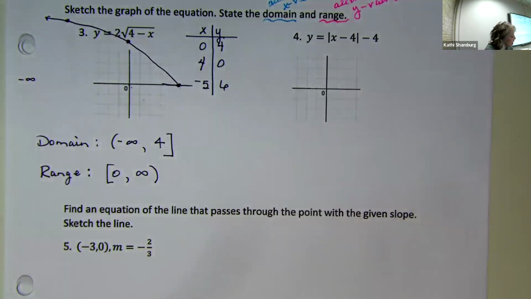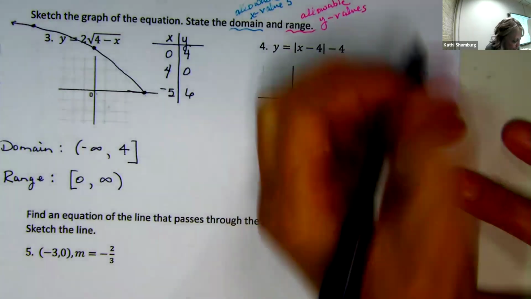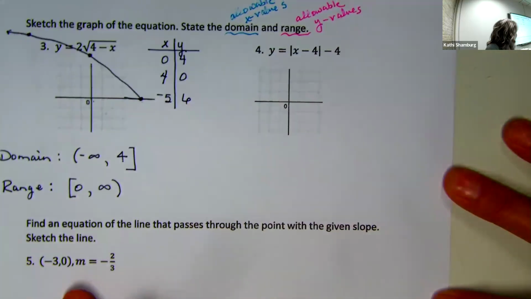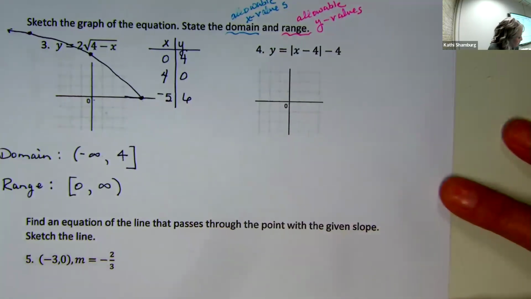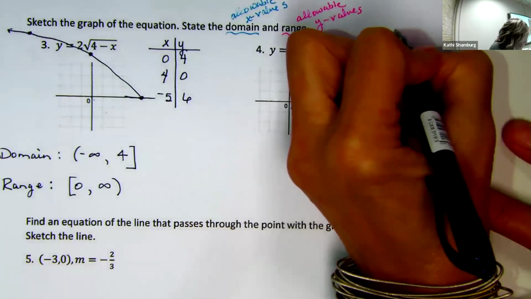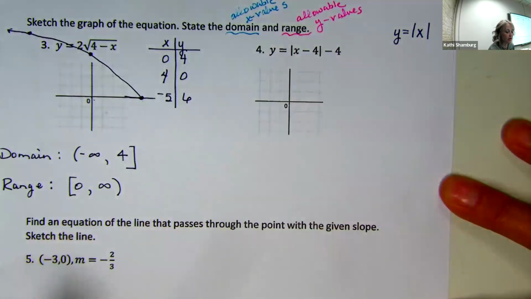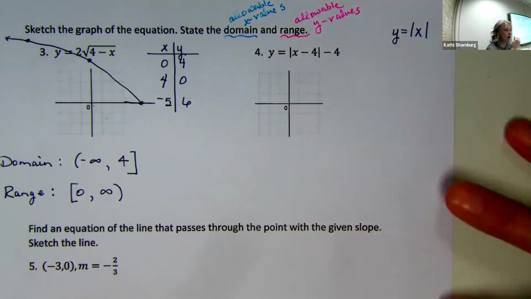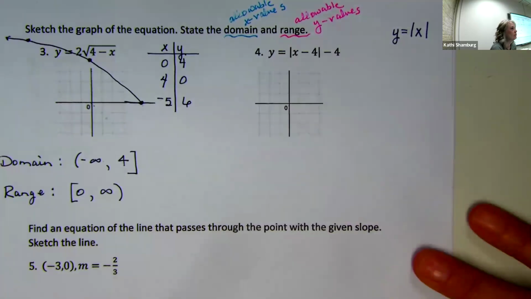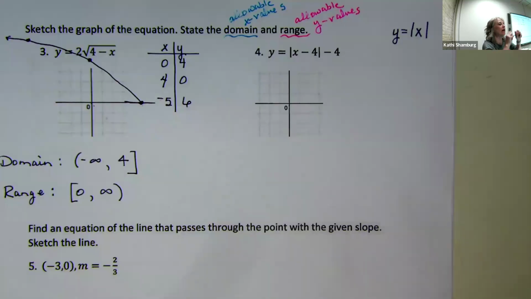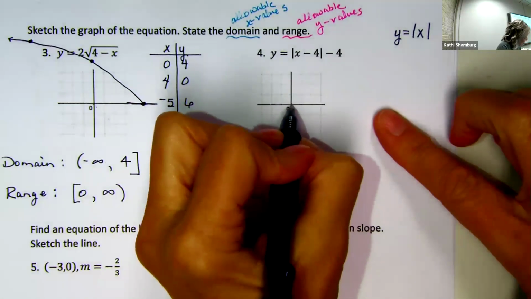Okay. All right. Who remembers the parent function for absolute value? What I'm talking about is your parent function, y equals the absolute value of x. Does anybody remember what that graph looks like? Oh, like it's at 0, 0.